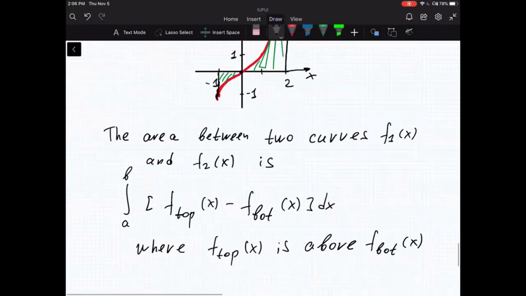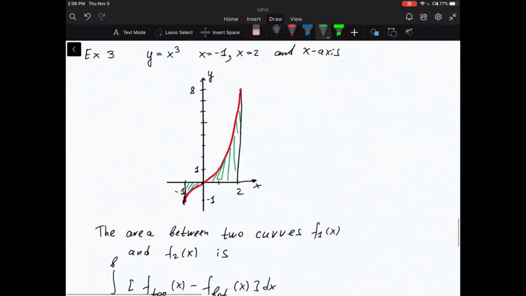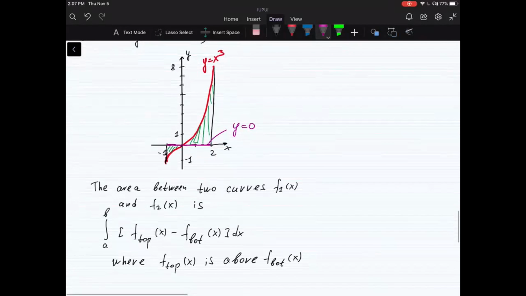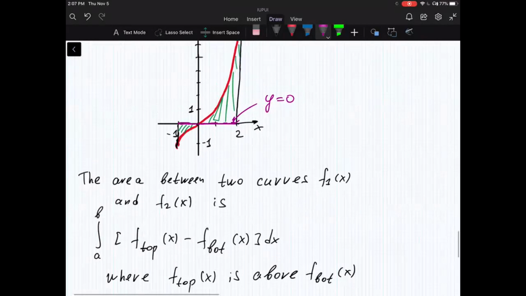And in this case, on the interval from -1 to 0, we have two curves: one is y equals x cubed, and another one is y equals 0. On the interval from -1 to 0, the top one is y equals 0, because y equals x cubed is below that. While on the interval from 0 to 2, my top function is x cubed, while the bottom function is y equals 0. And so that's why I need to split my integral into two parts.